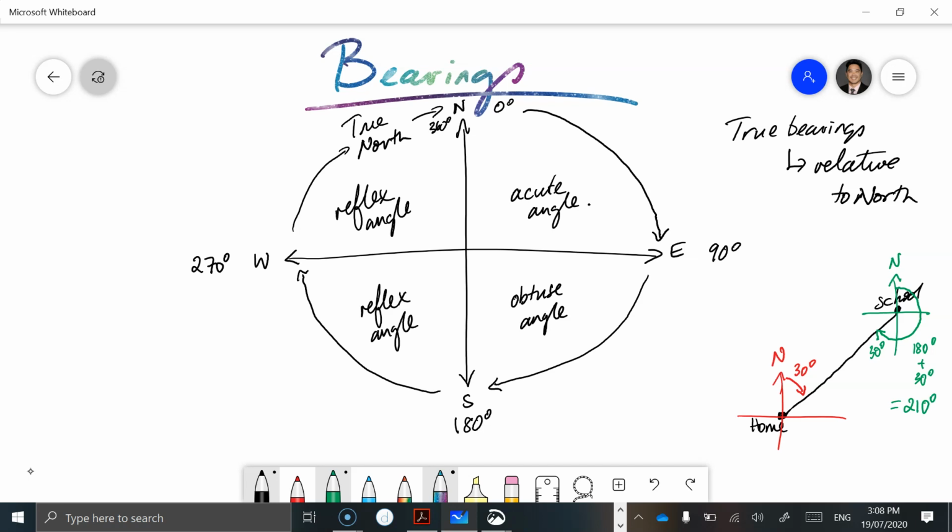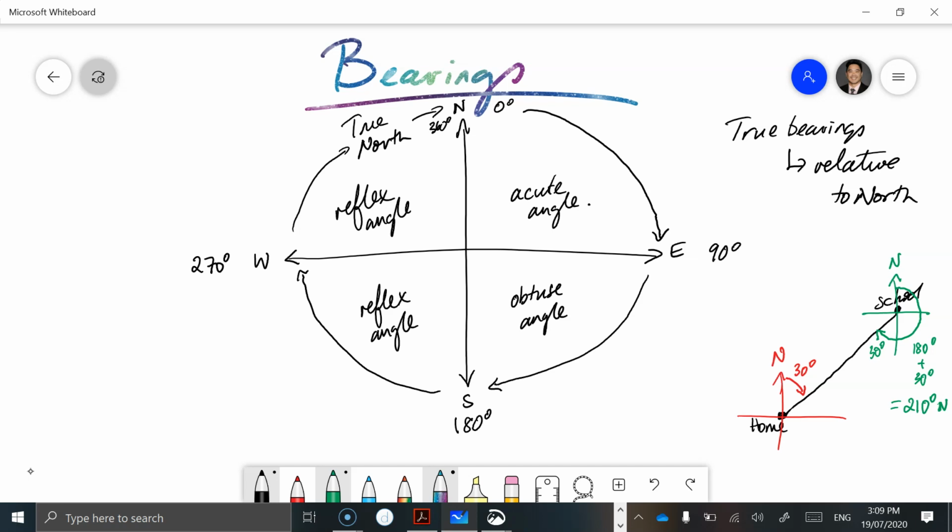Your bearing from school to home is 210 degrees, but going from home to school is 30 degrees north. Hopefully that helps you, in its simplest form, see how bearings work relative to which direction you're facing and going.